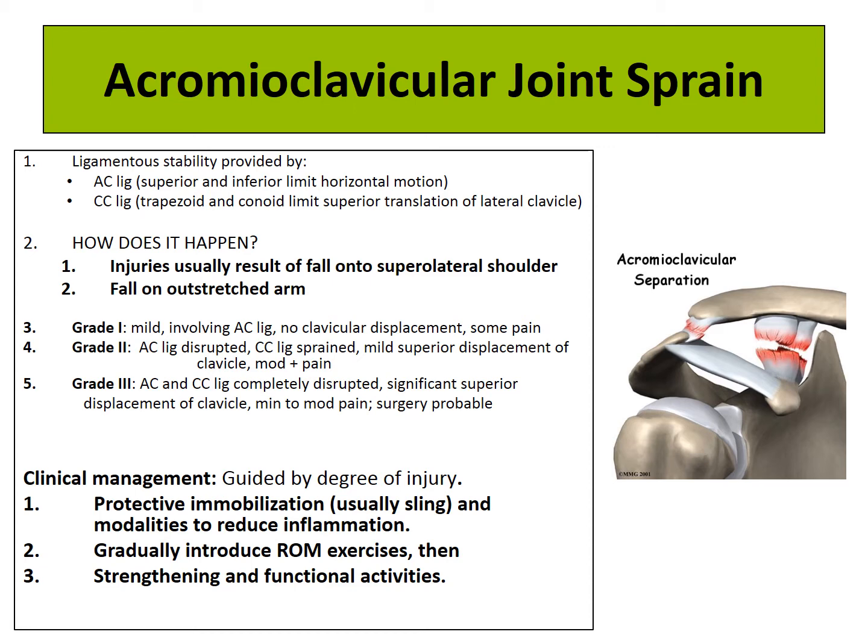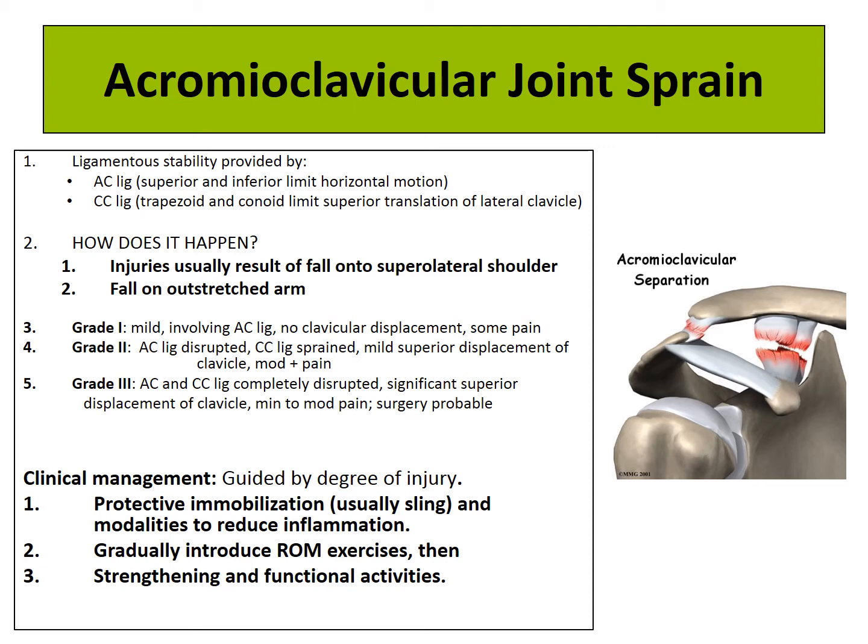The mechanism of injury usually occurs either with a direct fall or force to the joint, that superior lateral surface of the shoulder, or I think more commonly it occurs if there's a fall on an outstretched hand where the transfer of force goes from the ground all the way up to the AC joint, which will then have the disruption of the ligaments. There are 3 grades of these ligament sprains.